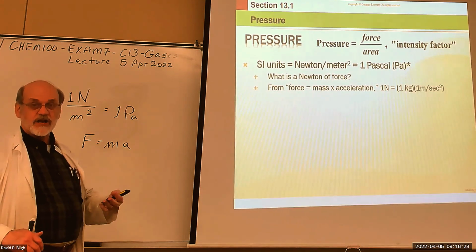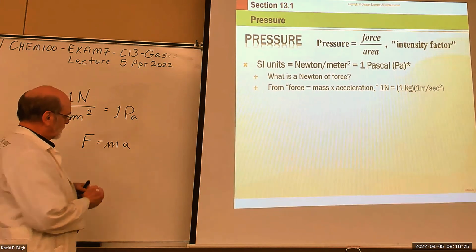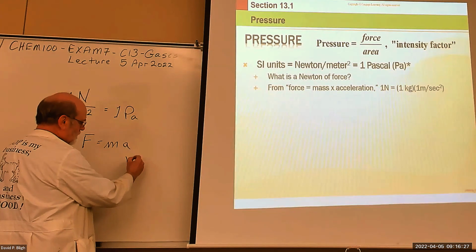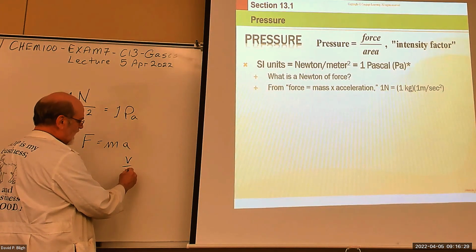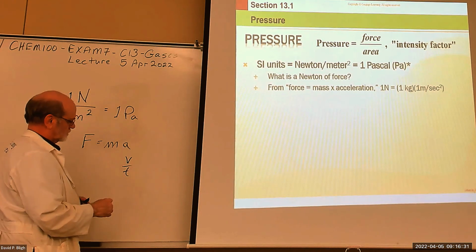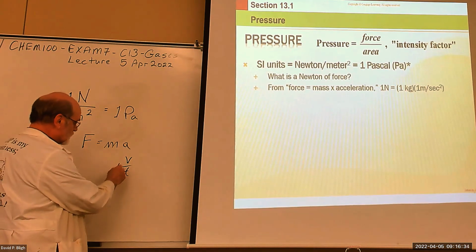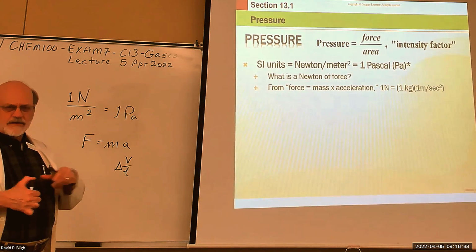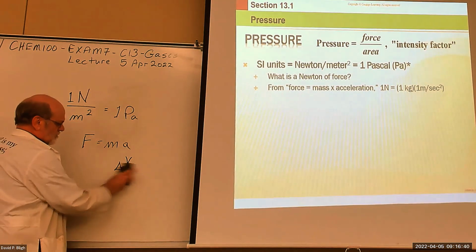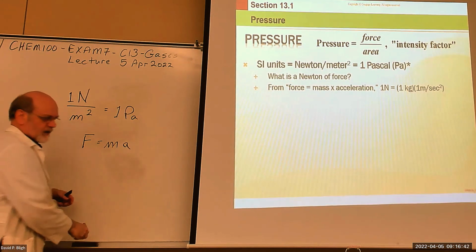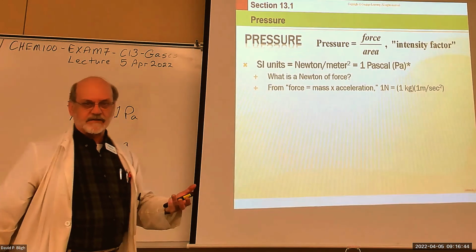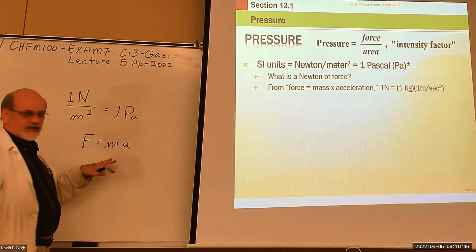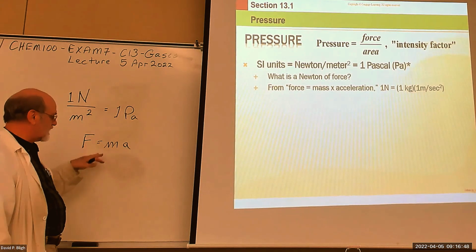Acceleration is a change of velocity. So acceleration would be velocity per unit time, and if it changes, then it's acceleration. You don't need to know that to pass a test, but it does help understanding what these things mean.